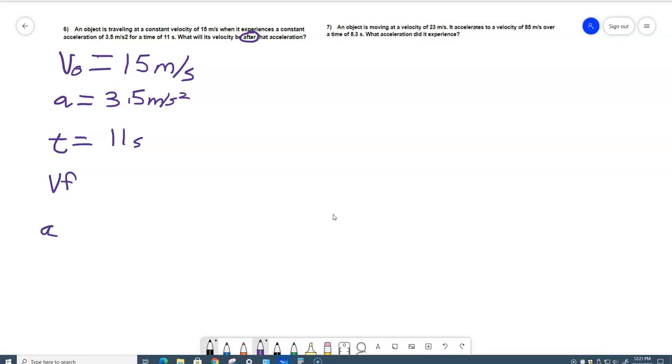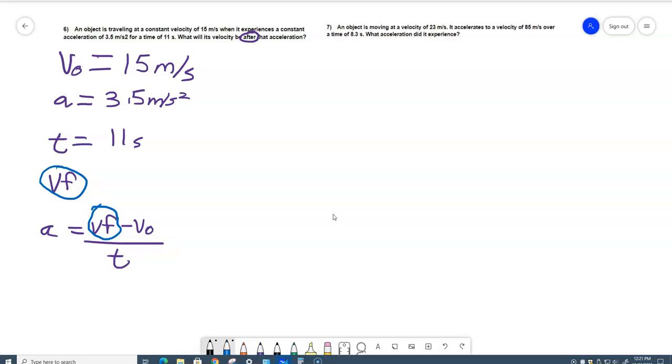So we're going to say our acceleration equals V final minus V naught over the time. Now you're probably wondering why I didn't plug the numbers in there. Here's one of the things that makes this a lot easier in physics: you want to get the variable you are solving for alone first before you plug the numbers in. It makes it easier. So I want to get V final alone and then plug my numbers in.